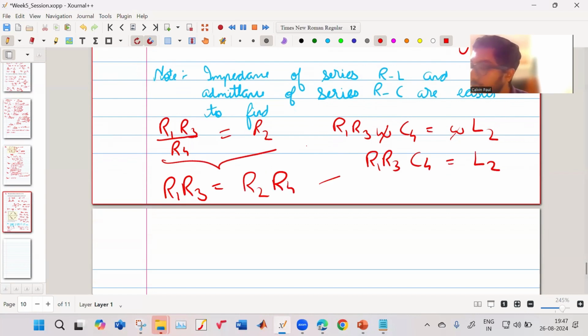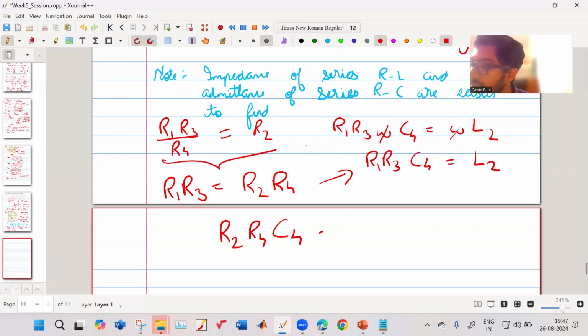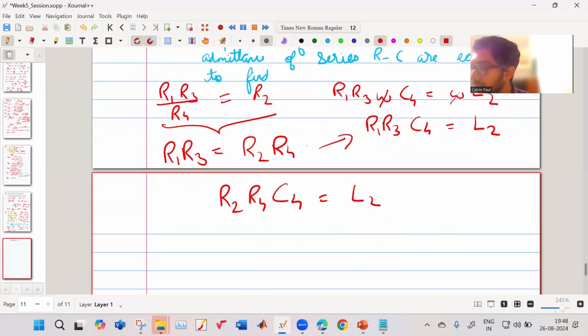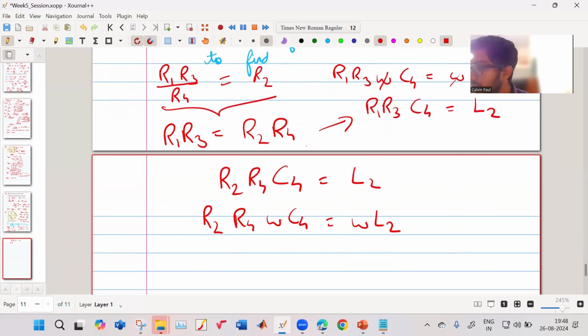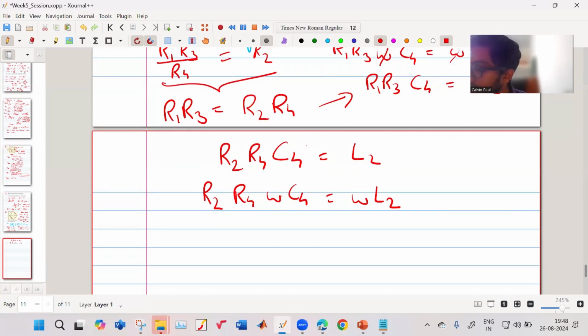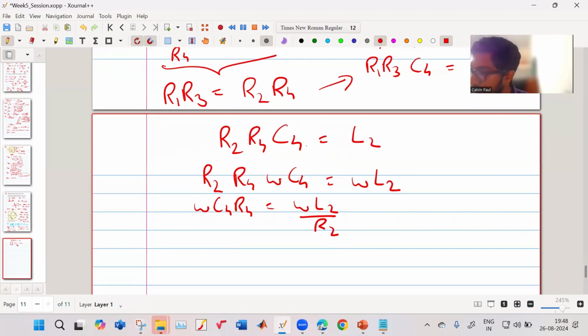So I substitute that over here, and I get R2 into R4 into C4 is equal to L2. Then I can write it as R2 into R4 into omega C4 is equal to omega L2. So further I can write omega C4 R4 is equal to omega L2 upon R2. So this is my quality factor of my inductor.